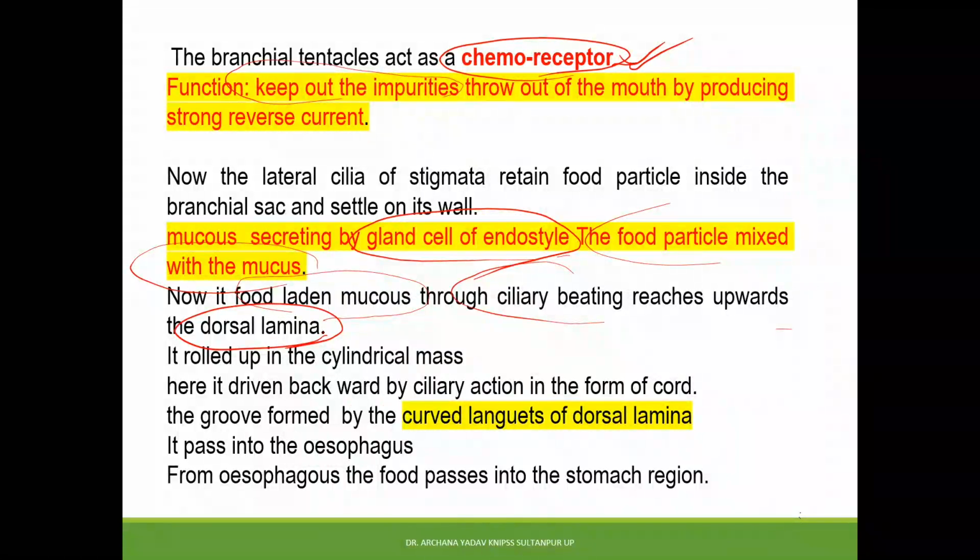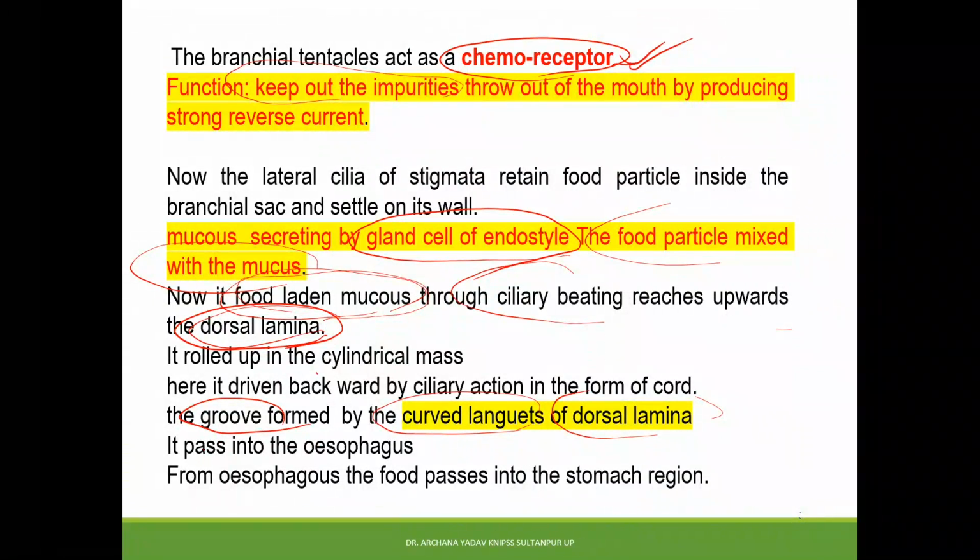The dorsal lamina is rolled up into a cylindrical mass, and the food-laden mucus is driven backward by ciliary action and makes a groove. By the help of a tongue-like structure which is curved, named the languet, of the dorsal lamina, they pass the food-laden mucus in the form of a cylindrical mass into the esophagus.